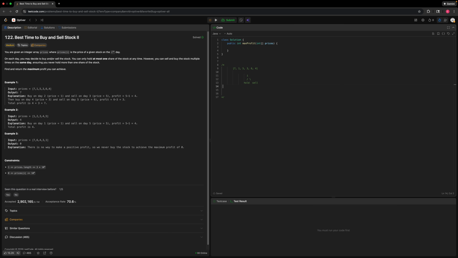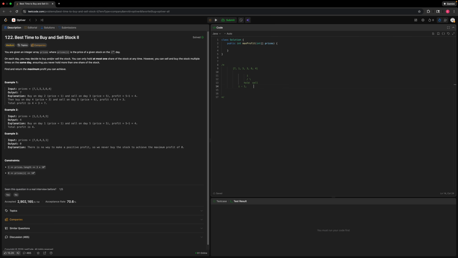So it depends on the previous one, which means i minus 1 with the situations, and you can hold at most one. So you need to depend on whether the previous one bought it or not.